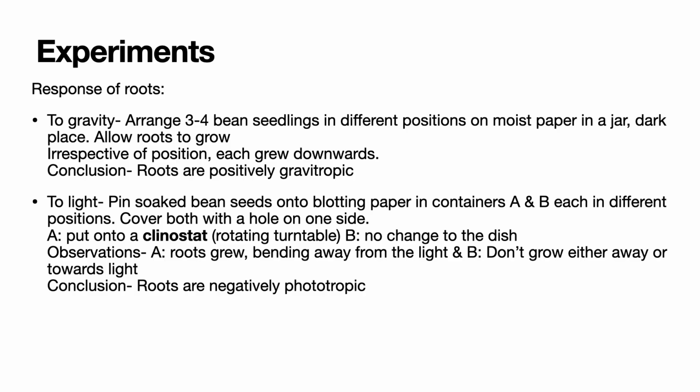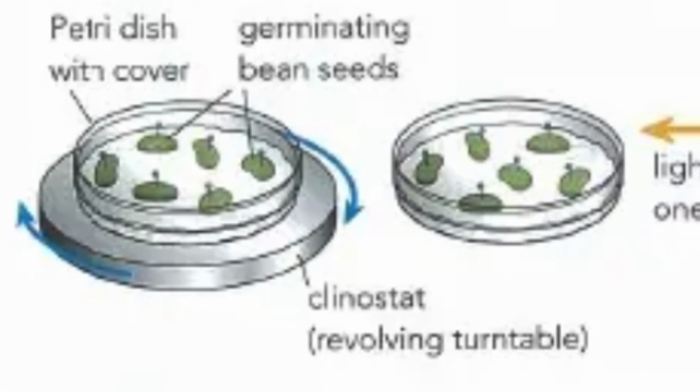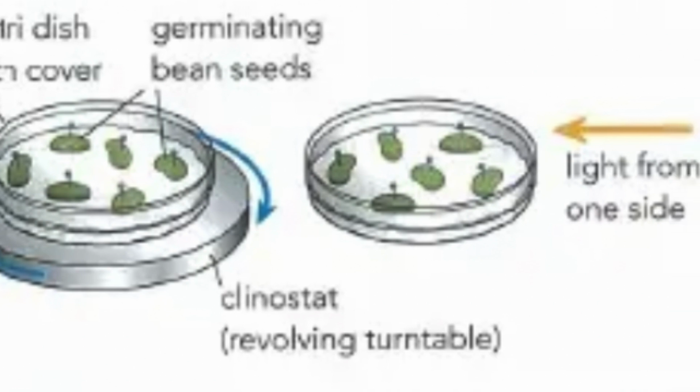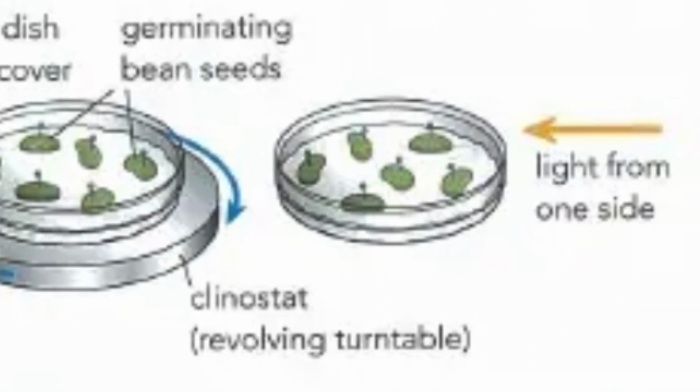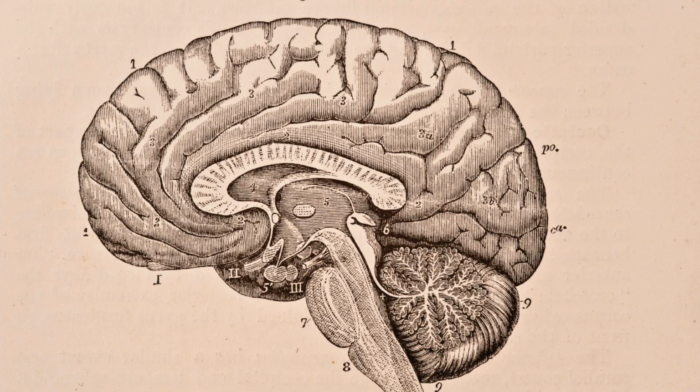In response to light, we can pin soaked bean seeds onto blotting paper in containers A and B, each in different positions. We can cover both with a hole on one side. Container A is put onto a clinostat, which is basically a rotating turntable, and no change is made to dish B. We can observe that in A, roots grew bending away from the light, and in B, they did not grow either away or towards the light.